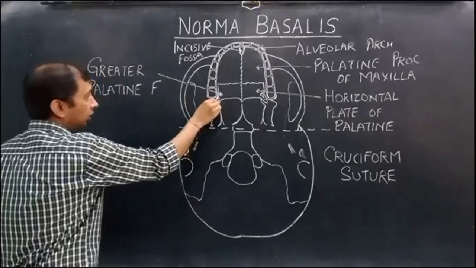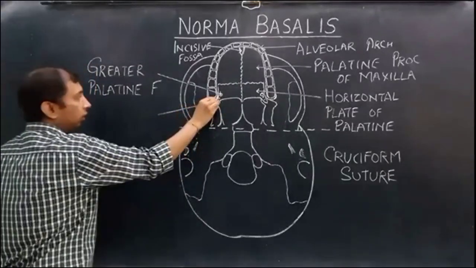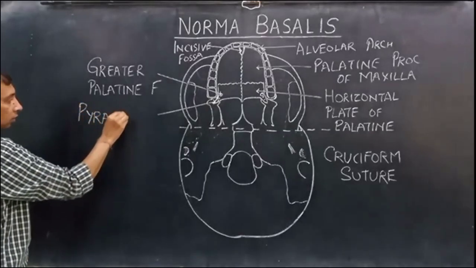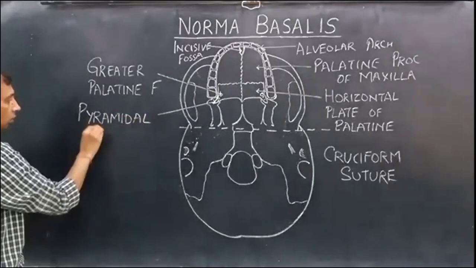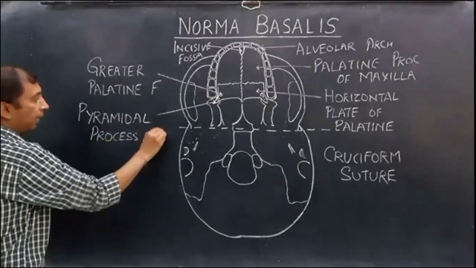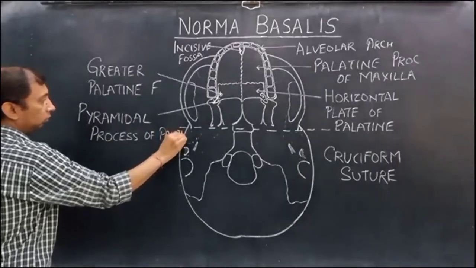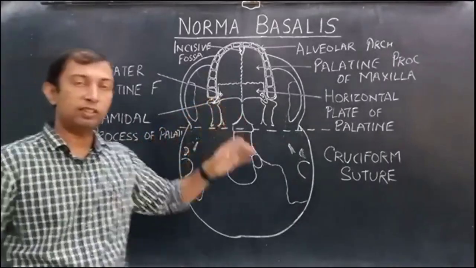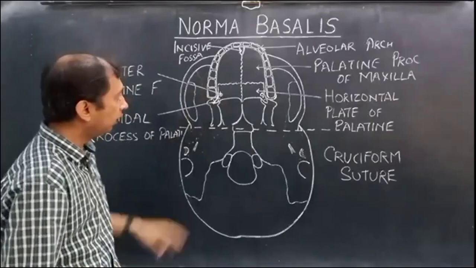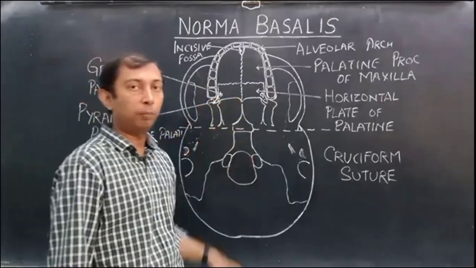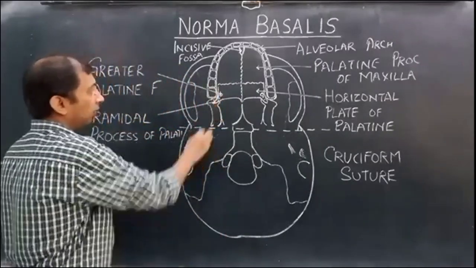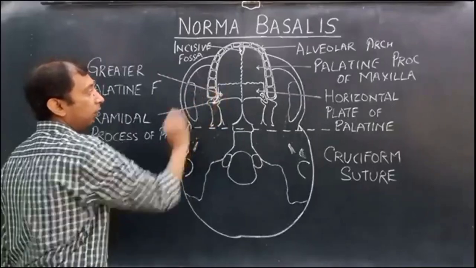This projection of the palatine bone is known as the pyramidal process. The lesser palatine foramen may be 2, or 3, or even singular. So the lesser palatine foramen are located on this pyramidal process.